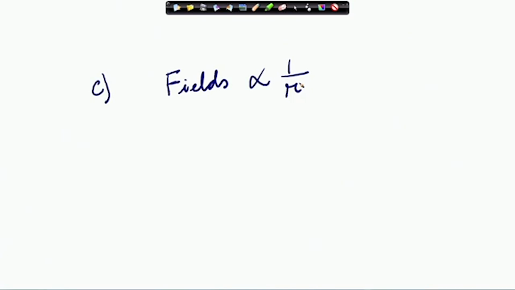We have seen for our current element that the 1 by r term starts dominating when r is greater than lambda naught by 2 pi.